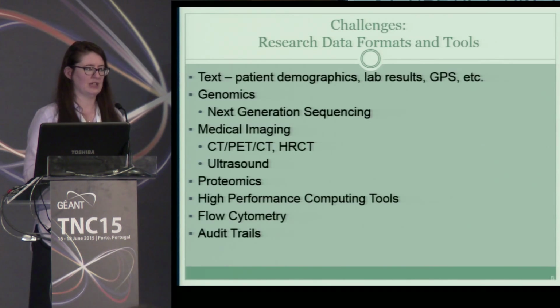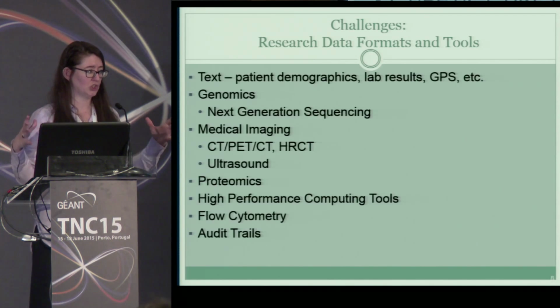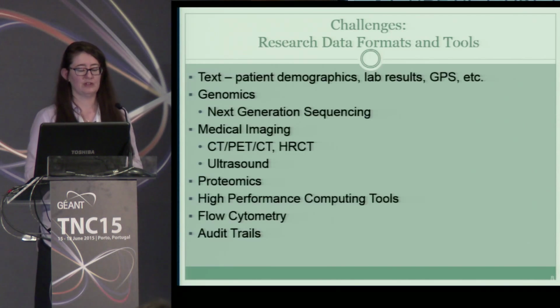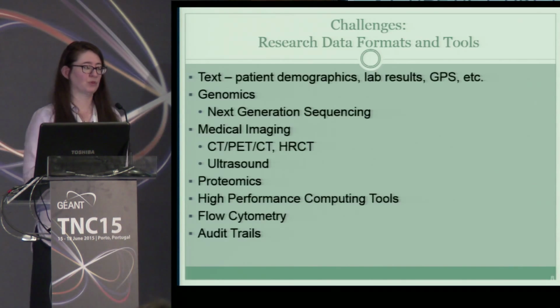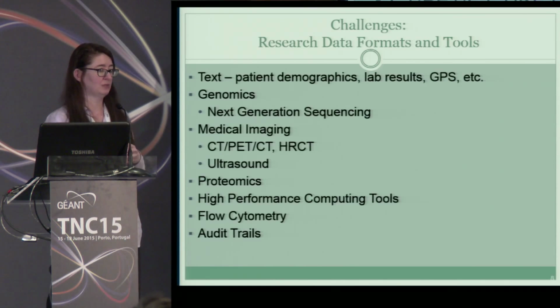Of course, they've got text, but it's text that's very sensitive in terms of the privacy that they have to preserve. They've got genetic information and the large data sets that go with genetic research. They've got medical images, which can take up a significant amount of space and bandwidth to transfer. High-performance computing. They've got to be able to audit all of this to know who's seeing what information and what actually is being shared.